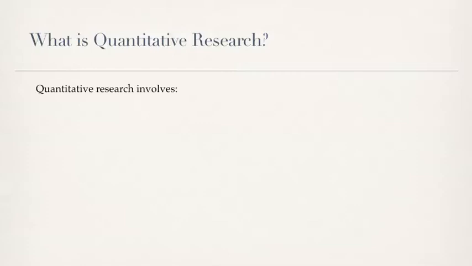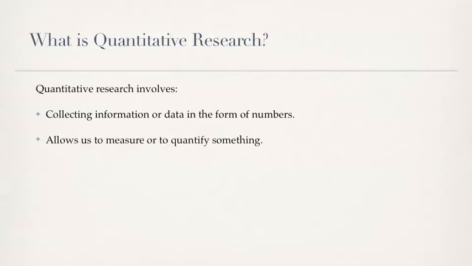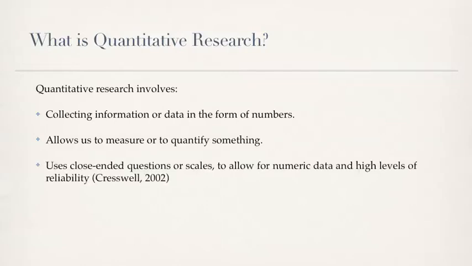So what is quantitative research? Well, very simply, quantitative research involves collecting information or data in the form of numbers. It allows us to measure or quantify something. Quantitative research uses close-ended questions or scales to allow numeric data and ensure high levels of reliability.